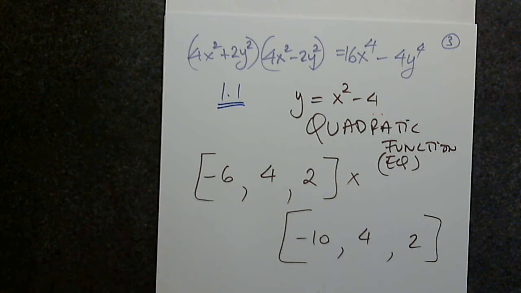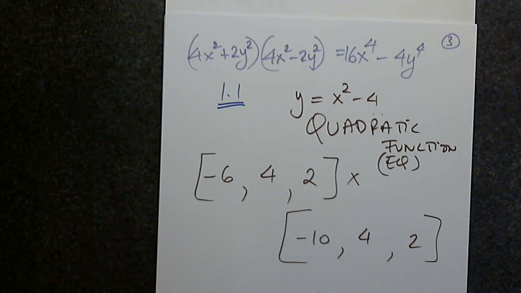When we start with negative, we always have to use this negative, not the operational negative. So leftmost point on the x-axis, -6. Then I said 4, with an x scale of 2. Then y minimum, -10 is fine. Y maximum is 4, and I want the scale of 2 again. And then I click on graph.